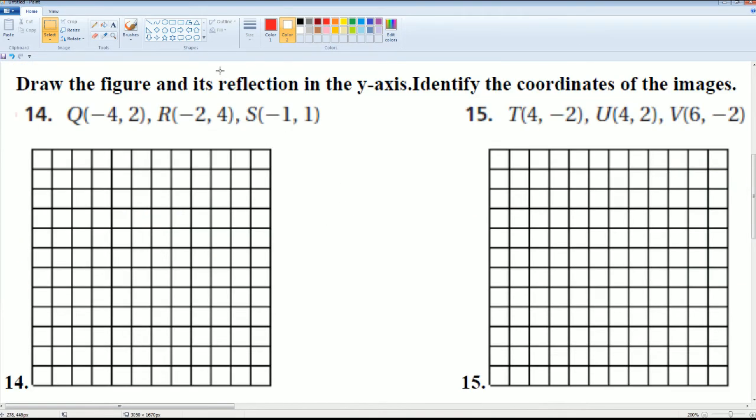Notice this is a reflection in the y-axis. Okay. So let's draw our coordinate grid again. You could speed through this if you already know how. 1, 2, 3, 4, 5, 6. So it goes down here.